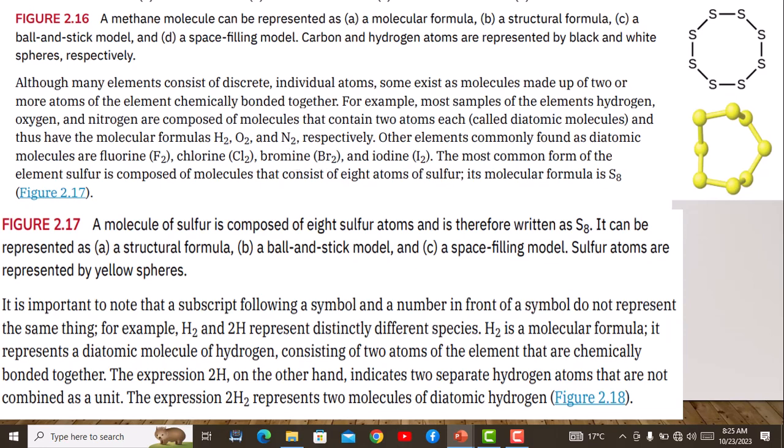Very important. Other elements commonly found as diatomic molecules are fluorine, chlorine, bromine, and iodine. And they are halogens. We know that they are halogens.